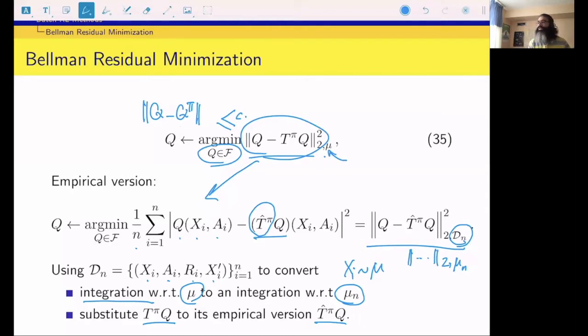Any guess? Okay, there's one thing in the chat: average over actions a of i plus 1. Not exactly, no. Let's see if we can find it.